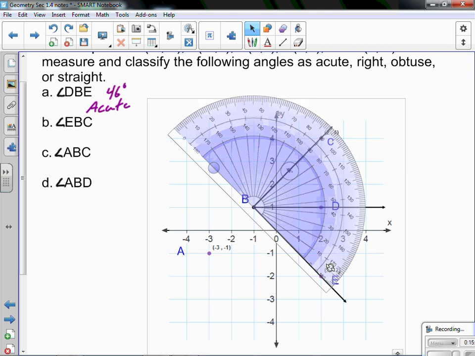There, we're going right through 90 degrees there. So angle EBC is 90 degrees, which would make that a right angle.